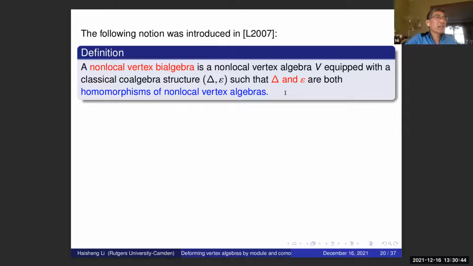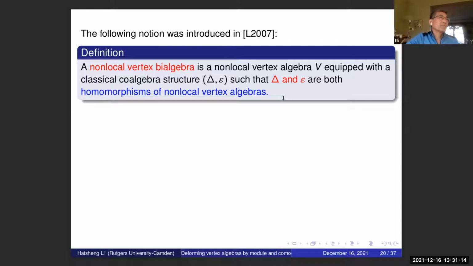We will make a remark later, but let's say nonlocal vertex bialgebra in this sense means a nonlocal vertex algebra, and this is a full nonlocal vertex algebra. On the other hand, we have a classical coalgebra structure. I want to say just classical. And then the classical coalgebra structure maps are nonlocal vertex algebra morphisms. Okay.